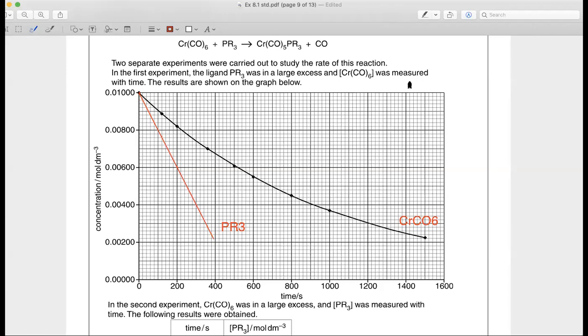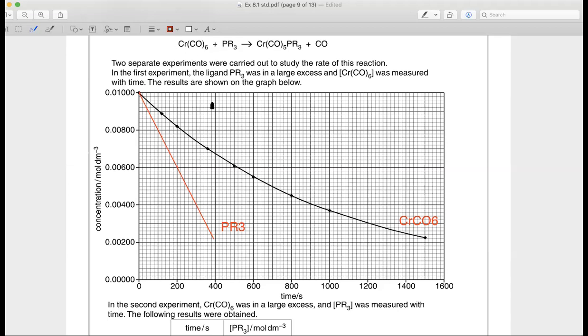So we started plotting for question 8, okay? For the two of you who just joined us, Kawi and Ben, basically this graph is a little bit different because if you look at the axis, it only says concentration over time, but it doesn't say concentration of which reactant, okay? Chromium or the PR3.